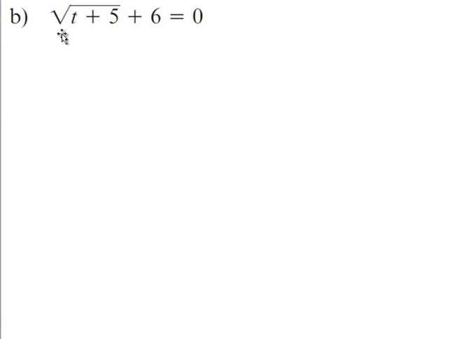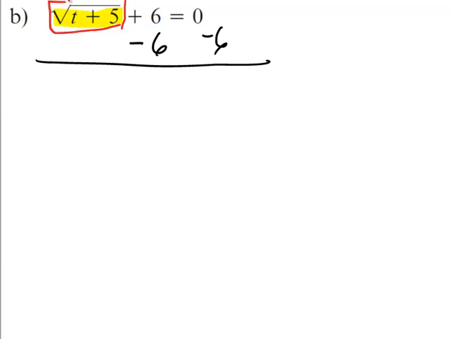Here I have the square root of t plus 5, plus 6 equals 0. And I have to work to get this by itself. That's my first step. So to do that, I'm going to subtract 6 from both sides. Be very, very careful to leave what's under the radical sign intact. Don't try to split that up.